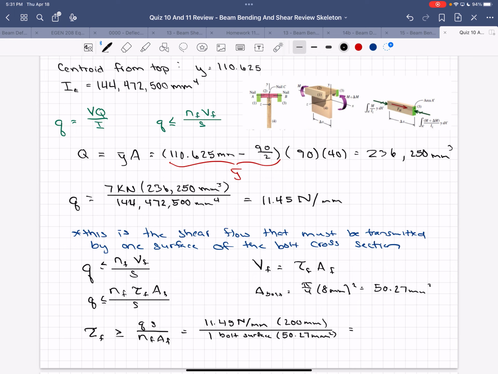So we get 45.5 megapascals. Sweet, not too bad. So shear flow, the thing that's being held on to the other thing. Make it as simple as possible. Sound good? Q is the thing that's being held on, that area. Y is the distance centroid to centroid of that area.